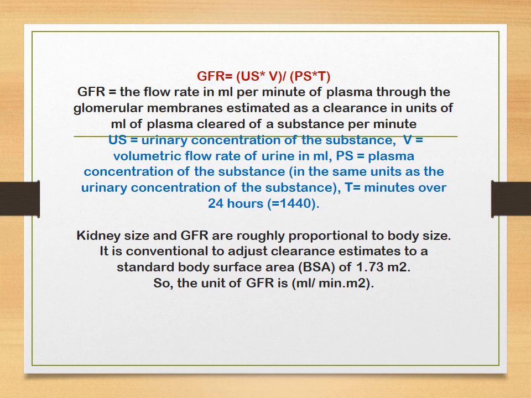So it involves the measurement of a substance like creatinine in urine and in plasma, with accurate collection of urine for 24 hours, and it is usually expressed in mL per minute per square meter, which reflects body surface area. The body surface area is usually taken in general as 1.73, depending on the weight and the height, even though it may not apply to all populations.